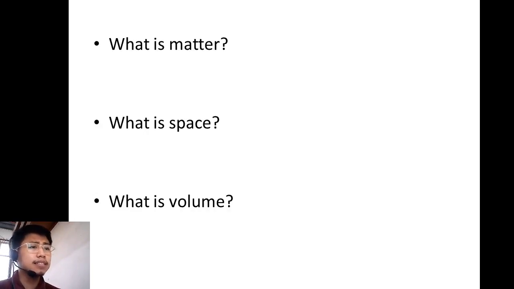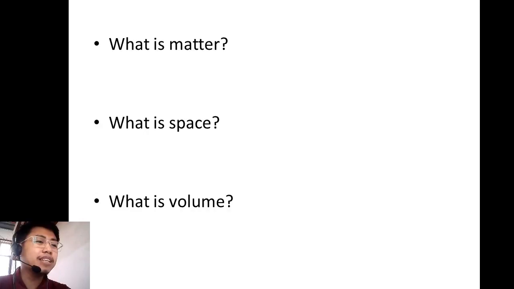So what does space mean? According to dictionary.com, it is a continuous area or expanse which is free, available, or unoccupied. So it is a certain area that nothing is in. In layman's terms, vacant.